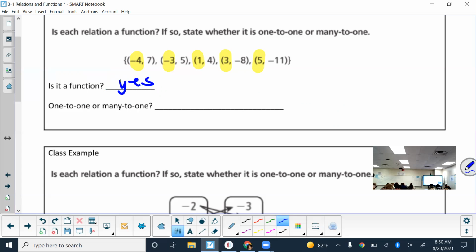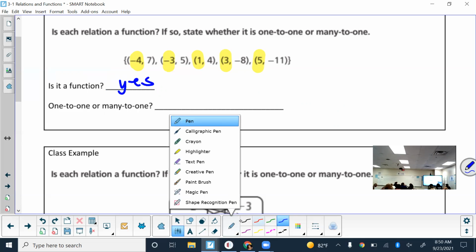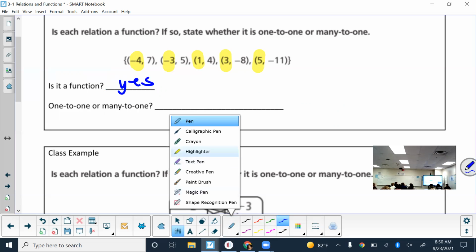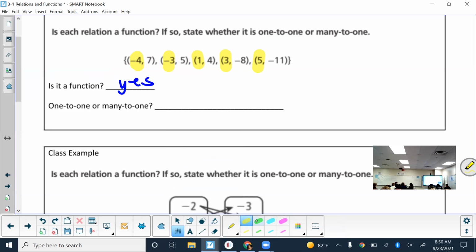Now to figure out if it's one-to-one or many-to-one, you do need to look at the y's. Are there any y's that repeat? No. I'll highlight it in a different color for you. Nope, none repeat. So is it one-to-one or many-to-one? One-to-one.